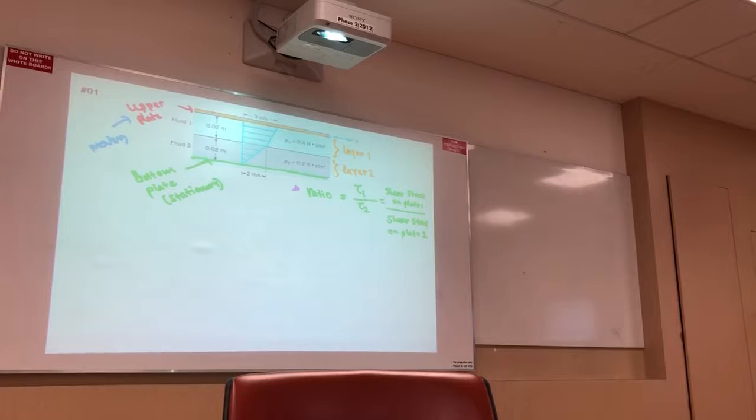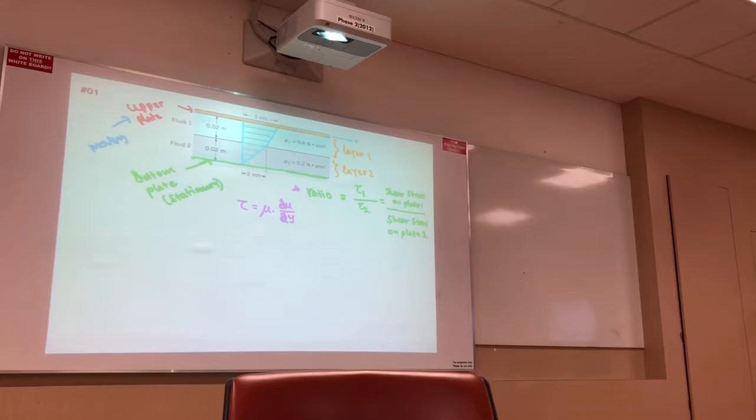Okay. By definition, shear stress is given by, take a look, tau is defined by mu times delta u by delta y. U indicates the velocity and y indicates the distance. So this one I write d, because j is confusing.